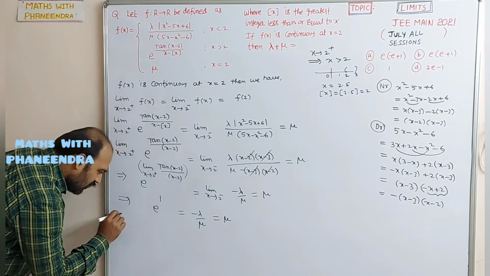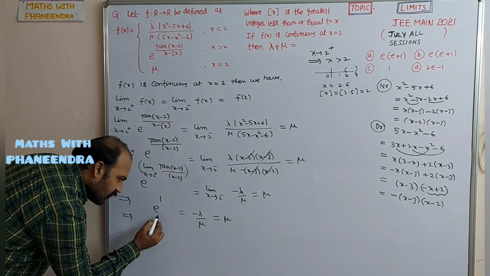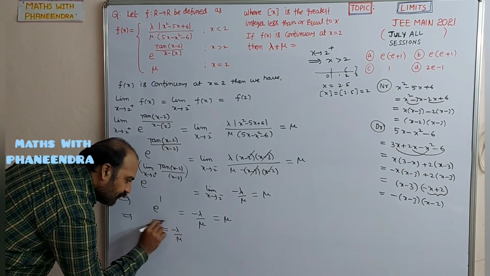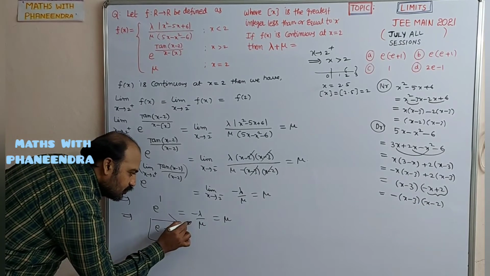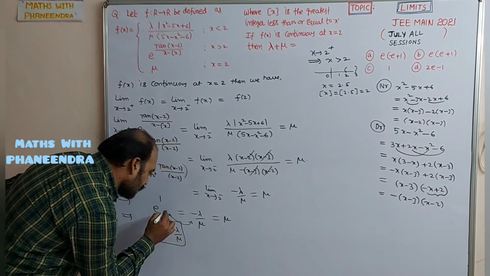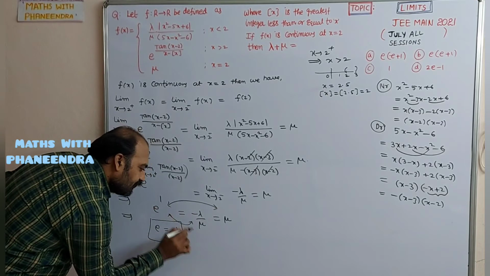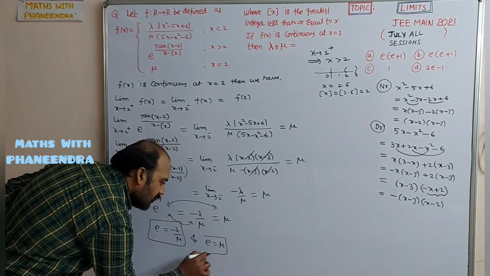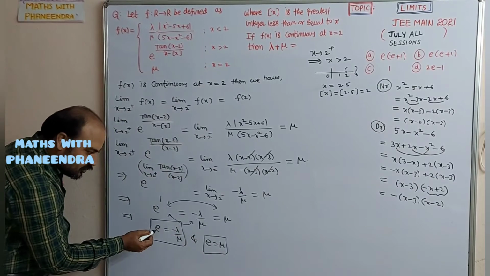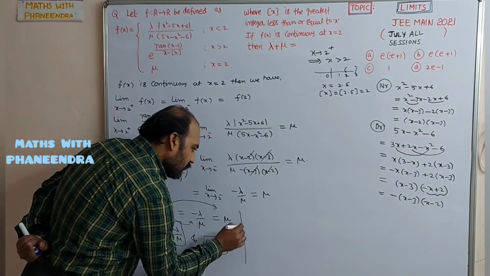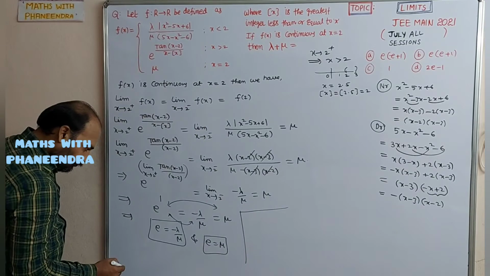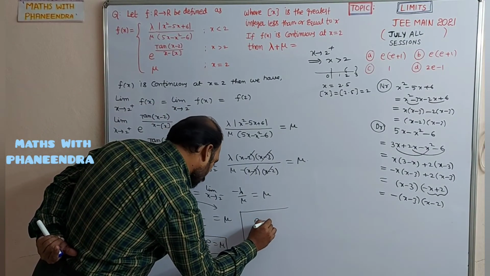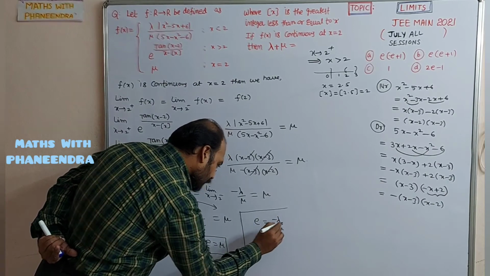So equating these two, e is equal to minus lambda by mu. Next, equating these two also, e is equal to mu. E power 1 means e only. So e is equal to mu, substitute here. E is equal to minus lambda by mu.